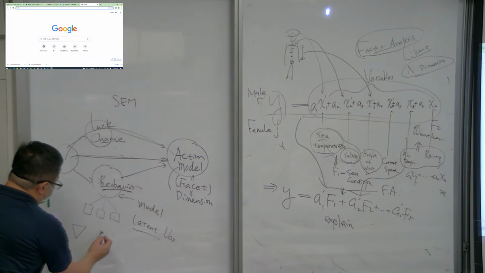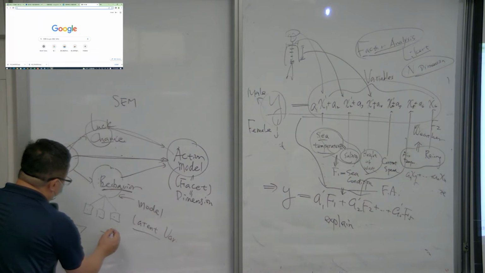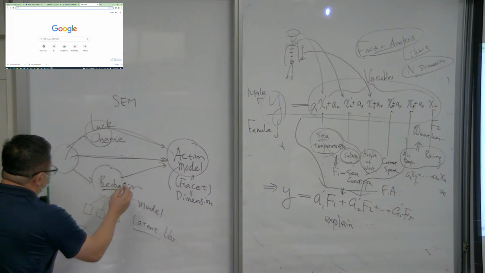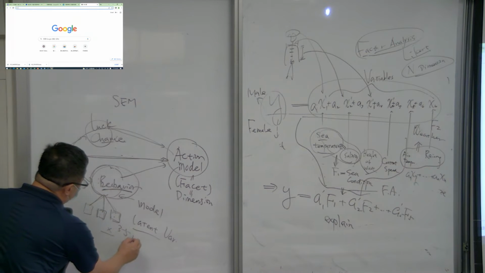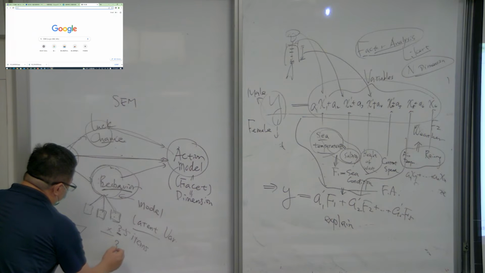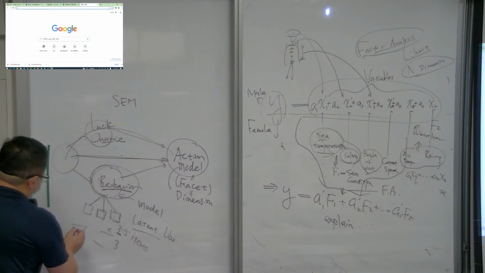Only 2 points is just a line, a length, so it cannot decide a dimension. So if you want to analyze SEM, every model you have to decide 3 to 5 items. It cannot be lower than 3, because 2 can only decide 1 line. 3 can decide a dimension.